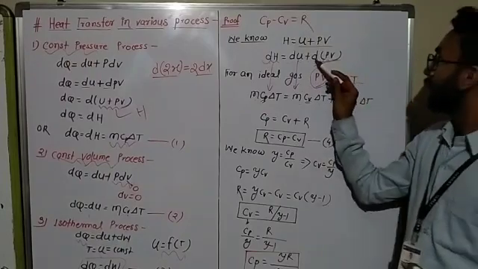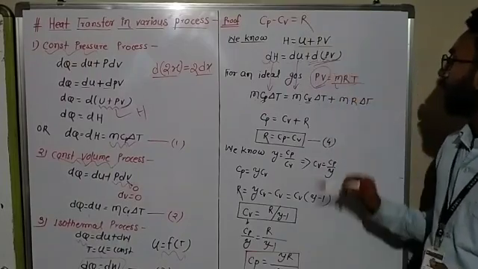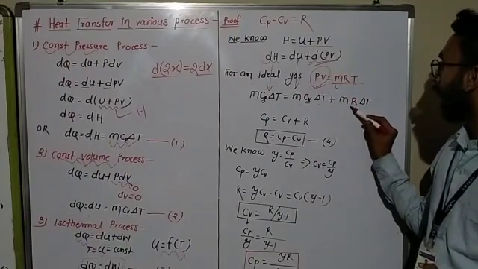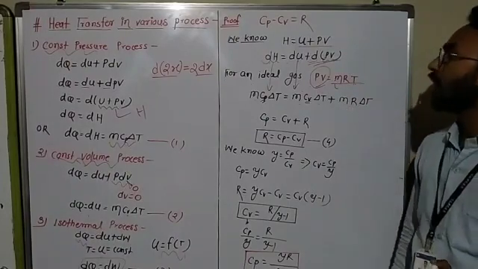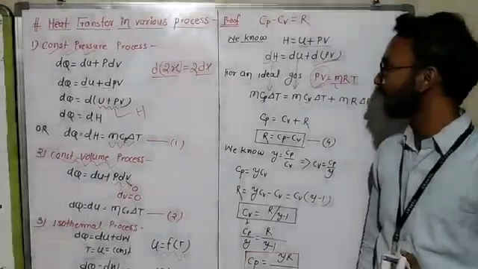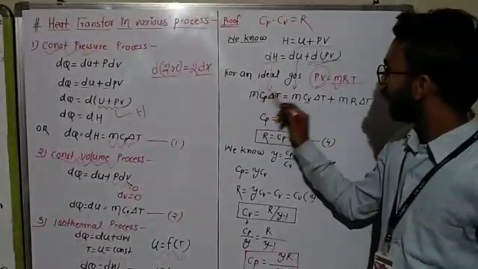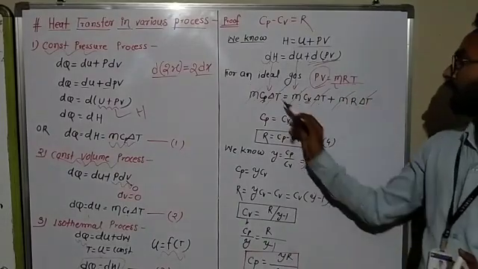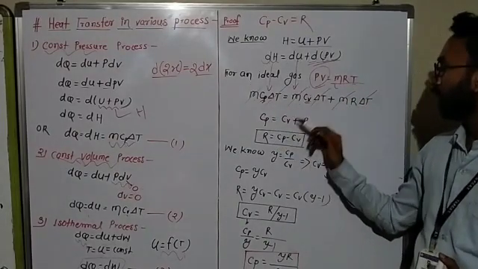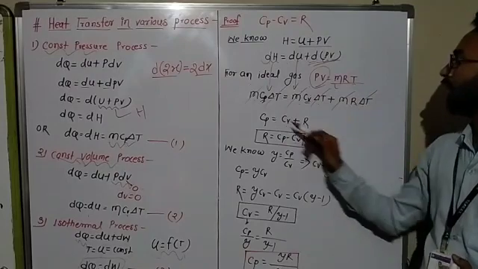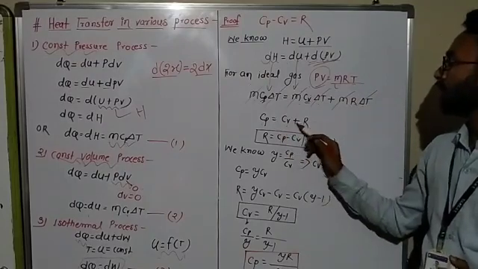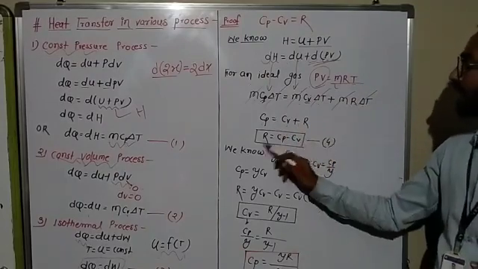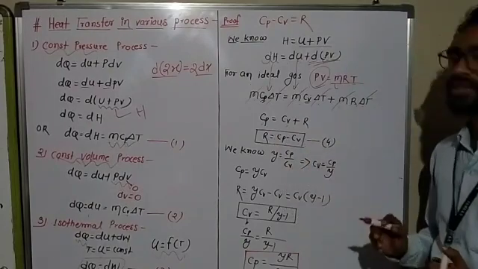That means the change in pressure and volume, d(PV), means mR delta T. Right? For the same mass and same temperature, we can cancel m and delta T. This is Cp, Cv and R. Cp is equal to Cv plus R. That means R is equal to Cp minus Cv.